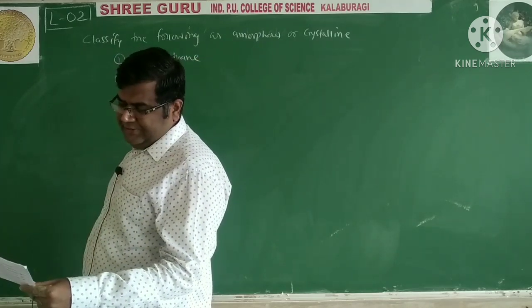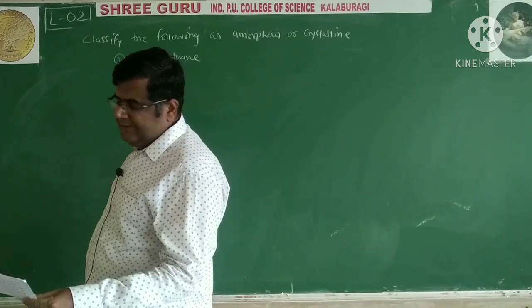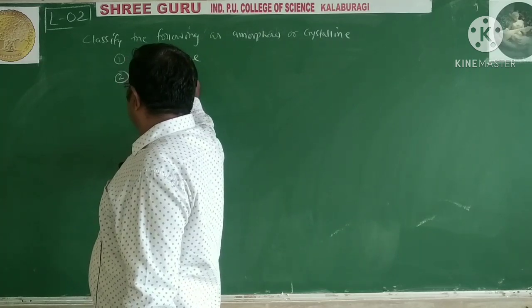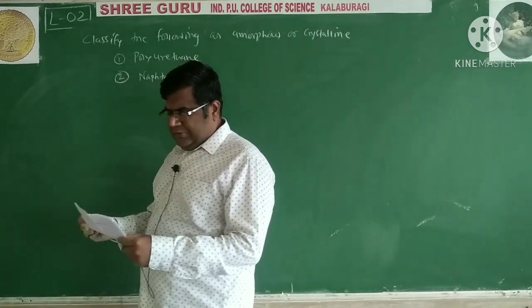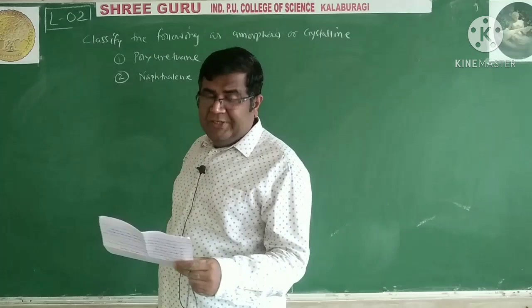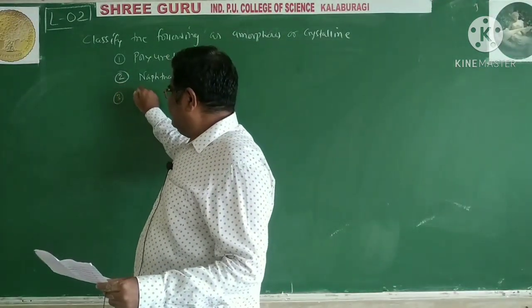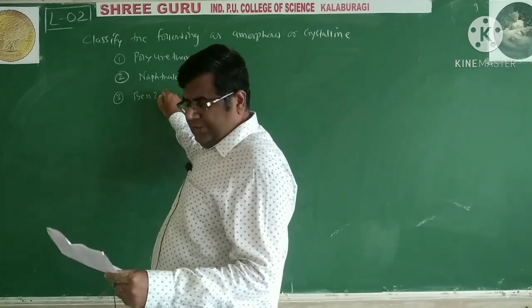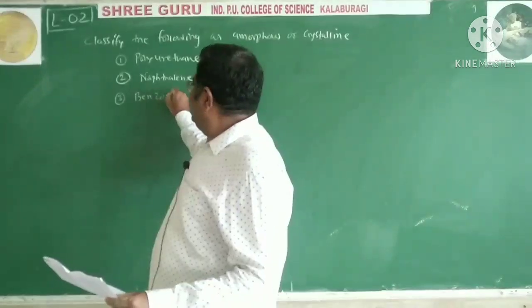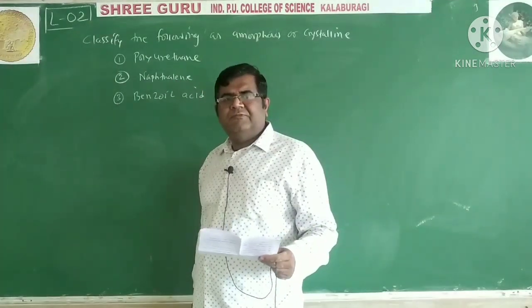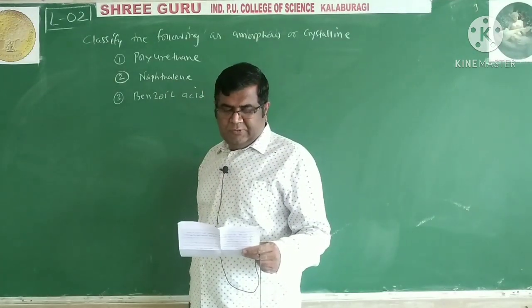Kind of plastic, so it is amorphous. Naphthalene, which is an aromatic compound, has a sharp melting point, so it is crystalline. Next is benzoic acid, a compound with a fixed melting point, so a crystalline solid.